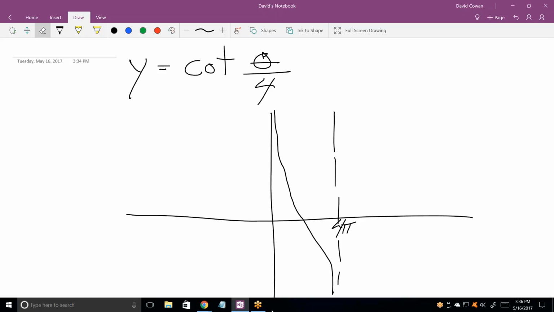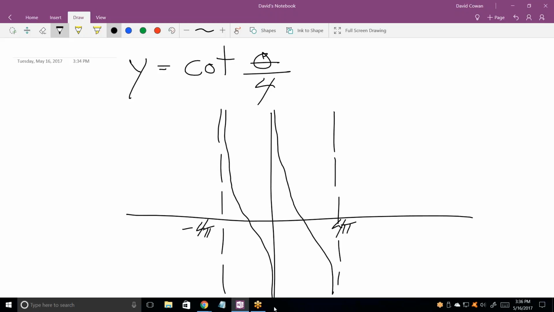That's correct. If I were to draw one more period in the places where they want us to draw it, well, this is clearly minus 4 pi.